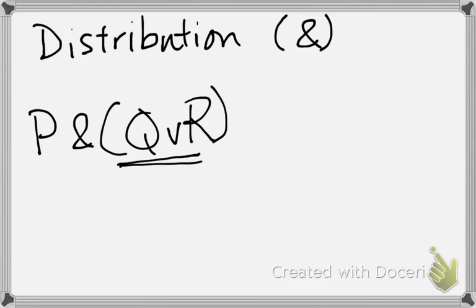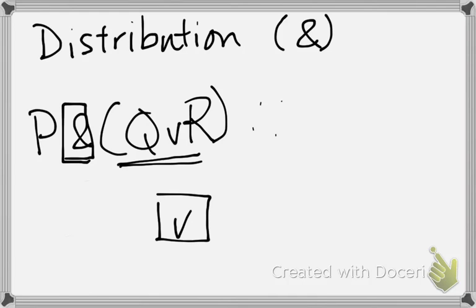that's going to transform into, I'm going to write it down here below, a statement that is a disjunction. So if you've got an and as the main connective, you're going to end up with an or as the main connective.